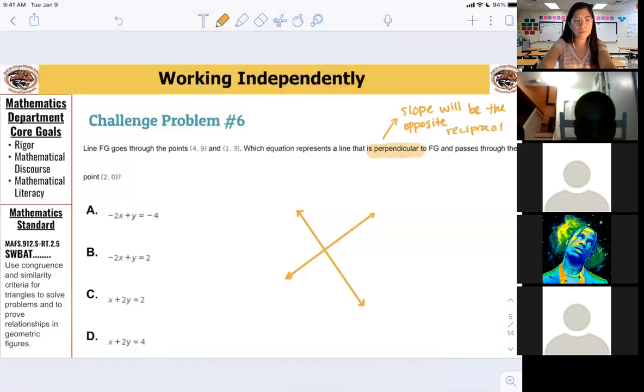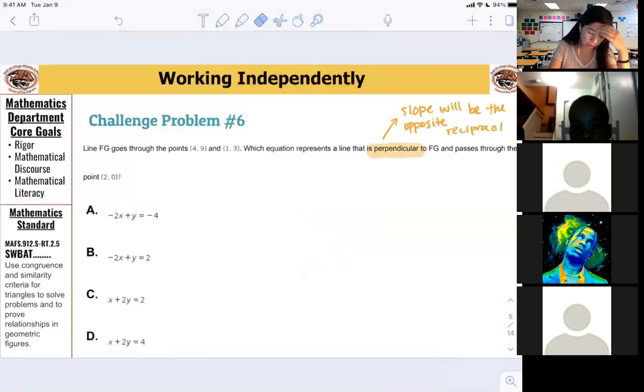What type of angle will be created by these perpendicular lines? Thank you, Jalen, 90-degree angle. So again, they can't have the same slope, because if they had the same slope, they would be parallel, not perpendicular. So now I have to figure out what the slope is going to be, which means I need to look at the original line.